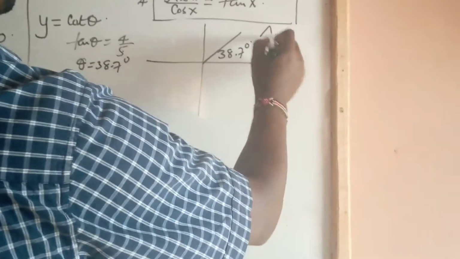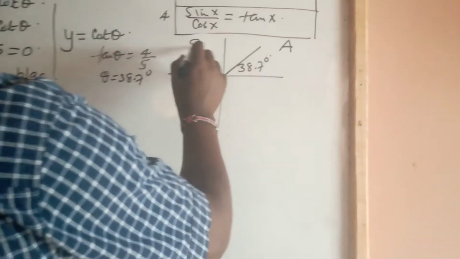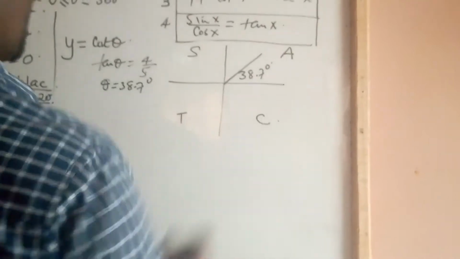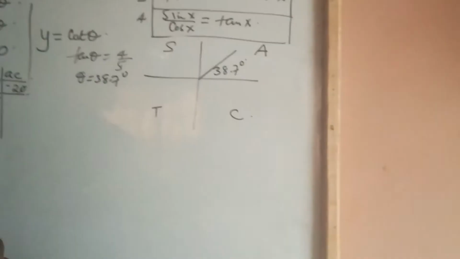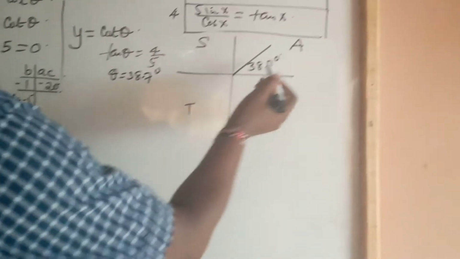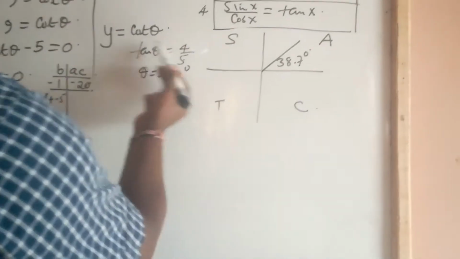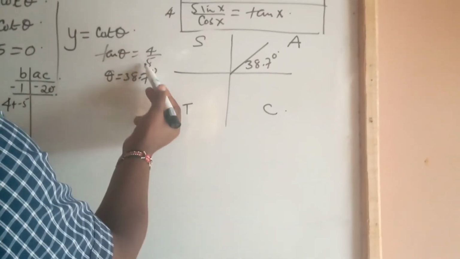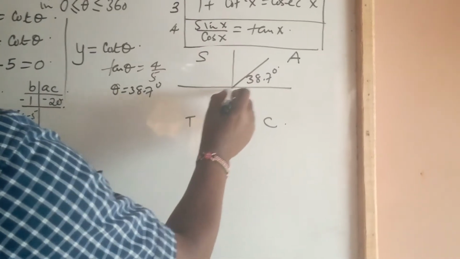And if you follow the slogan, All Science Teachers Complaining, we are going to realize that the angle theta is in the first quadrant, because in the first quadrant tan is positive, and it is also in the third quadrant.